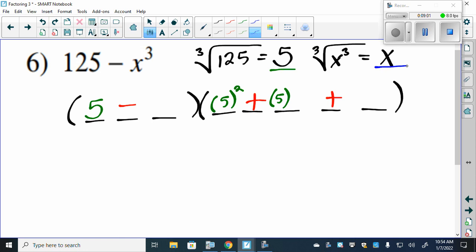Now, because the x cubed came second, well, the x terms are going to go second as well. So we'll have x to the 0, x to the first, and then x squared. So it's working out the exact same. It's just that the variable is now going in the second spots instead of the first.